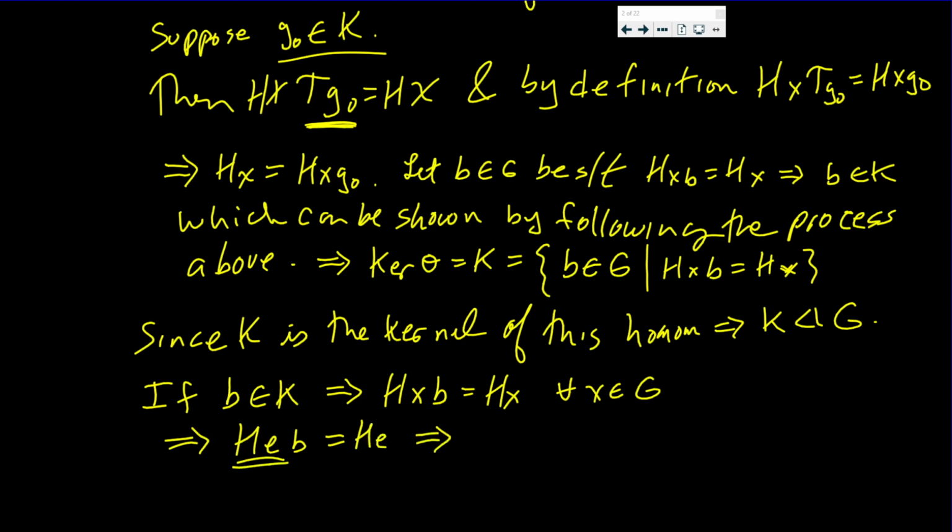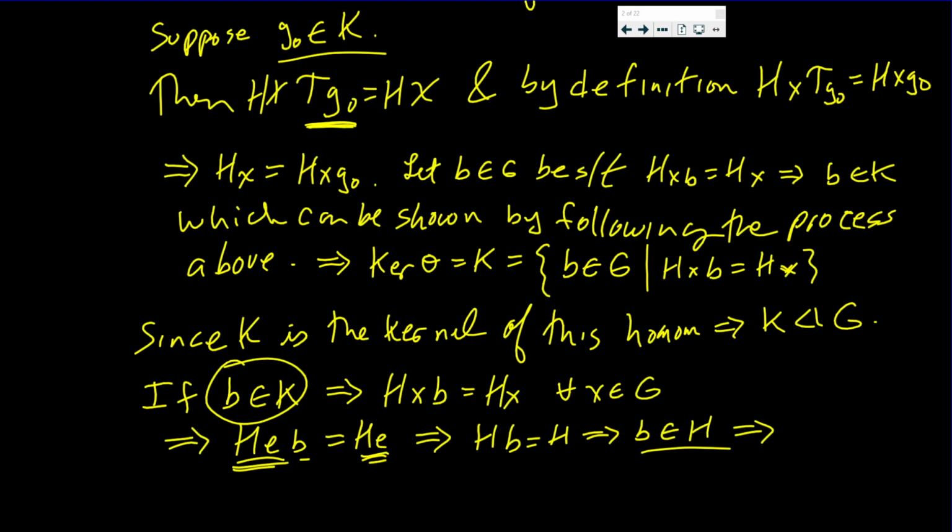But HE is H times B. And like I just said, HE is H. Well, if HB is H, that implies that B is in H. Well, B started off in K, it ended up in H. That implies that the kernel is a subset of H.